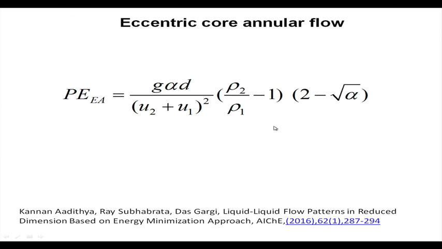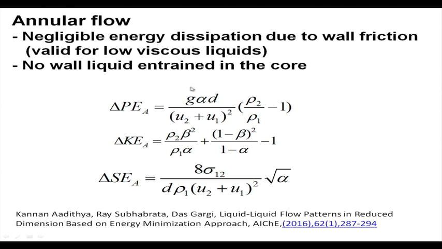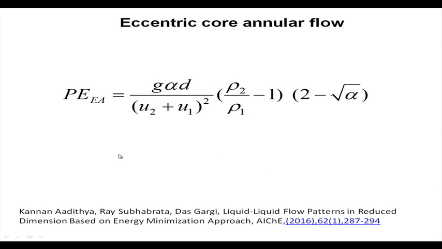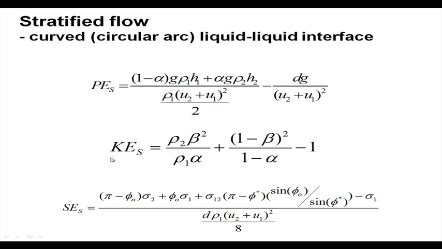So, accordingly, the potential energy term should actually be delta Pa, there is a typo here. Only this term has been developed, and the surface energy and kinetic energy terms from the concentric core have been adopted. The three have been added up to give us the total energy term in this particular case.